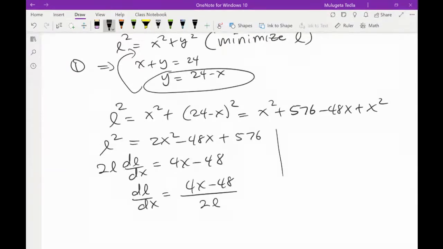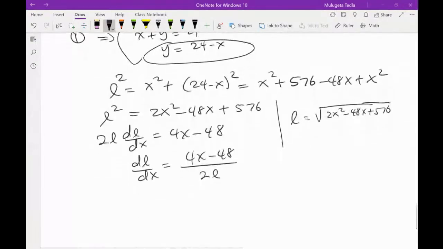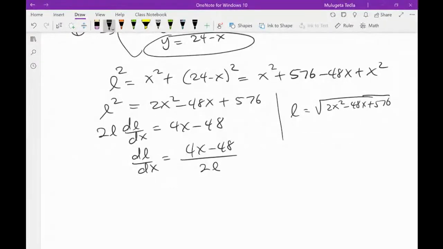You can keep L to be the square root of 2x squared minus 48x plus 576. So you have 4x minus 48 over the square root of 2x squared minus 48x plus 576 times 2, is it?